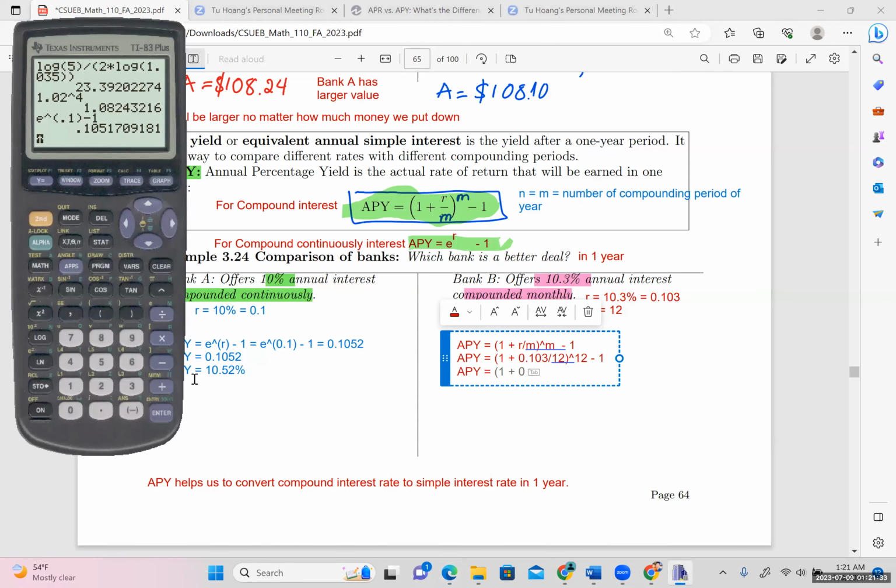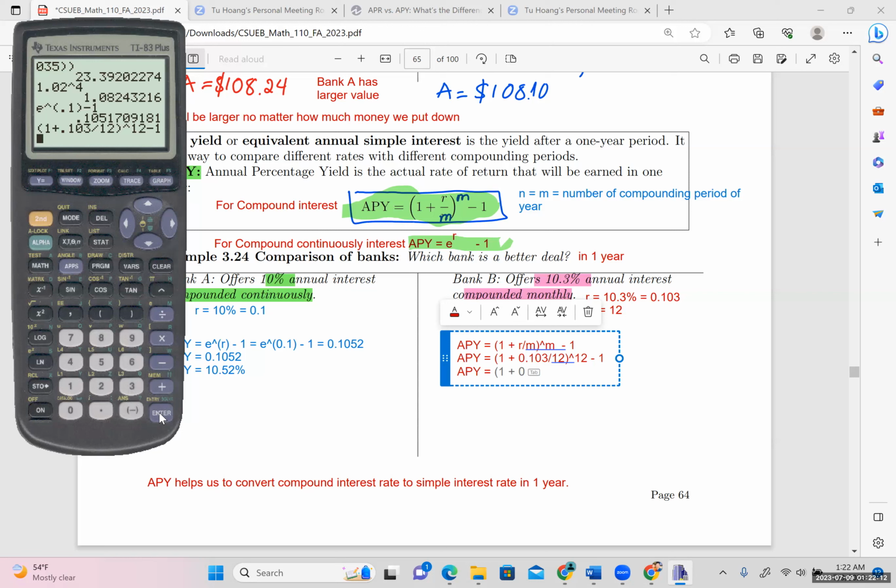So let's calculate it. Open parentheses, 1 plus 0.103 divided by 12, close parentheses, raised to power 12, and then minus 1.